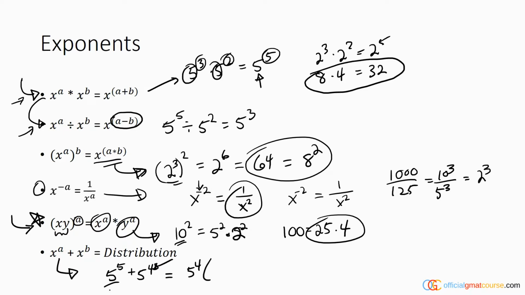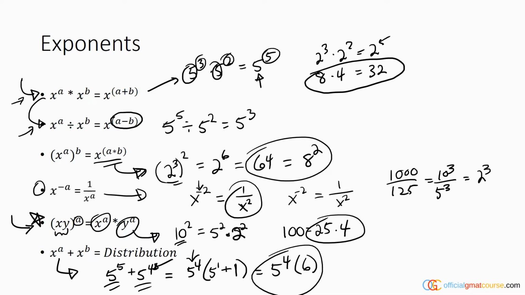Now what would we multiply to get 5 to the fifth? We'd multiply by 5 to the 1 because you add the exponents there. And then what would we multiply to get 5 to the fourth? We would multiply 5 to the fourth times 1. So this is what we get, and on the interior here, 5 to the 1 plus 1 gives us 6. So we end up with 5 to the 4 times 6 as the solution to this situation.